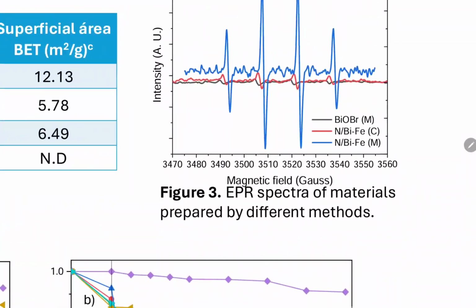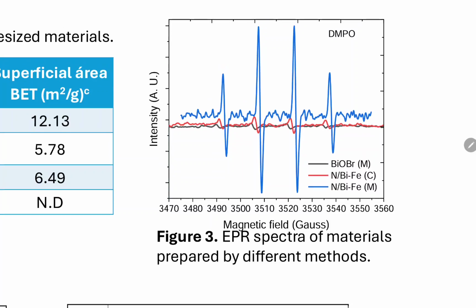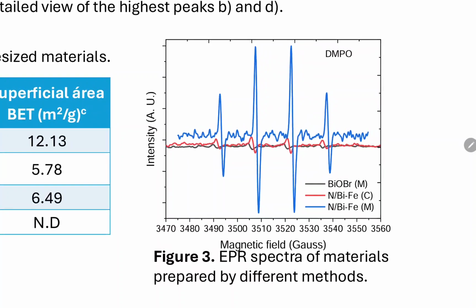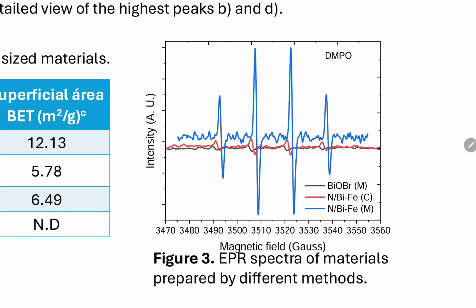Then in figure 3, we have the EPR spectra of materials prepared by different methods. It was evident that the incorporation of nitrogen and magnetite in the synthesis method affected the generation of superoxide and hydroxyl radicals. As we can see in the blue line, we have a bigger intensity for the microwave-assisted method than for the coprecipitation method.